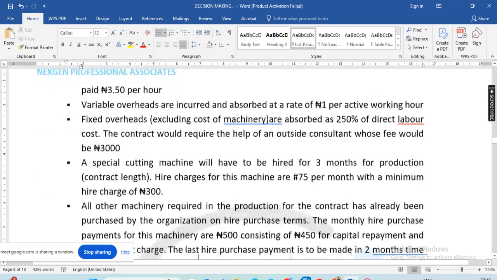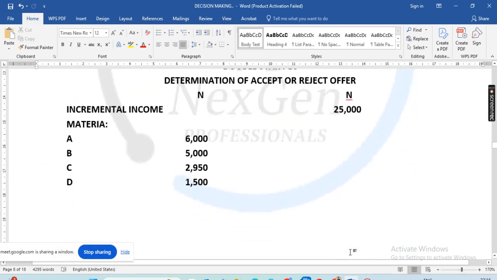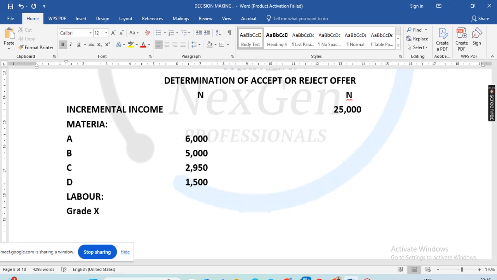So we need to go to the notes and write grade what? Grade X labor. This is labor. Labor grade X is 0.